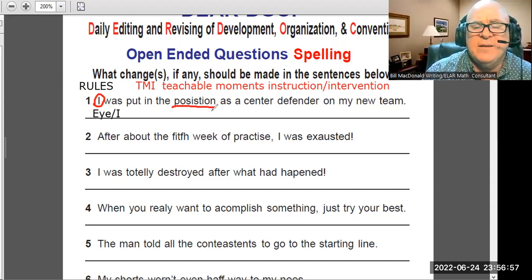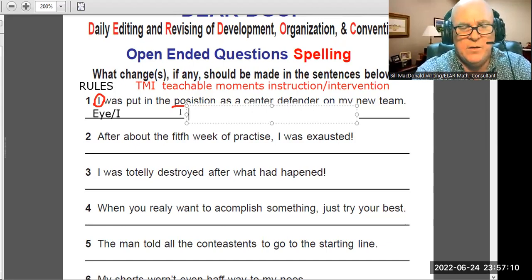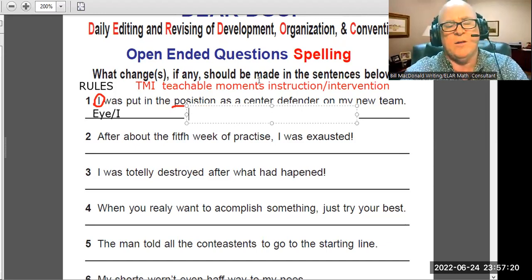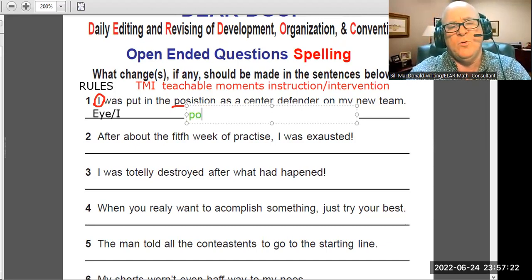And it didn't sound right when I said it. In my brain, I've already seen the word position before. So I'm going to type on my line the way I think it's supposed to be. And because my warning was red, I'm going to use green, because I get to choose any color I want here. Position.